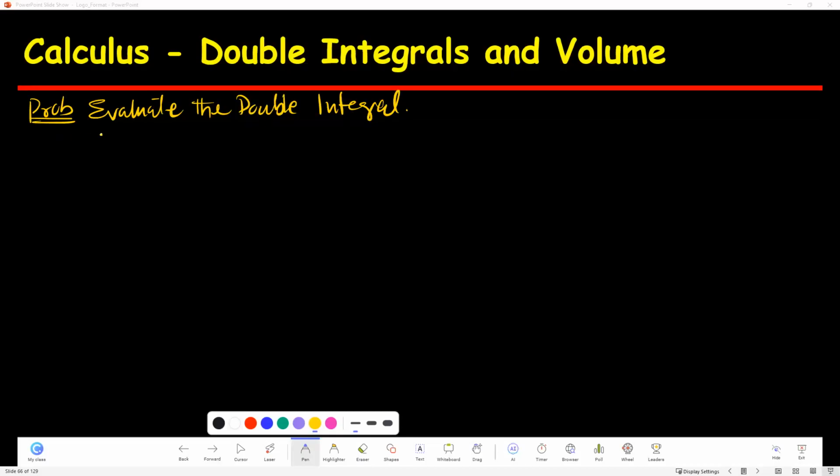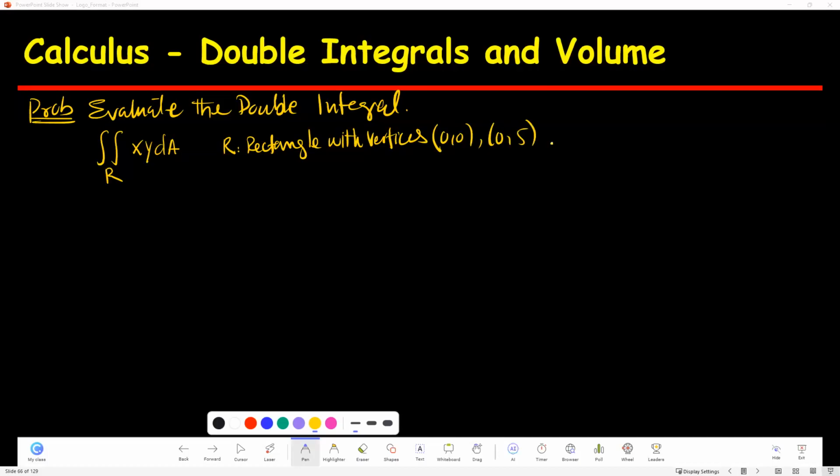The problem is giving something that looks like this: xy dA over R, where R is given as a rectangle with vertices 0 0, 0 5, 3 5, 3 0.